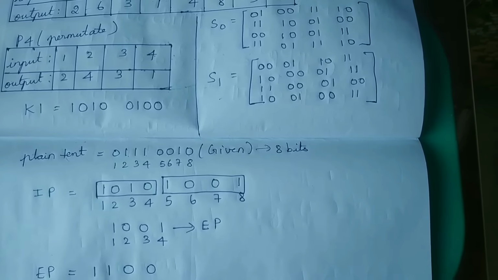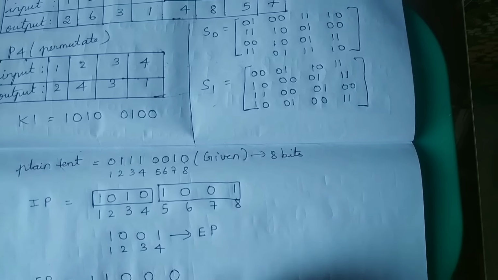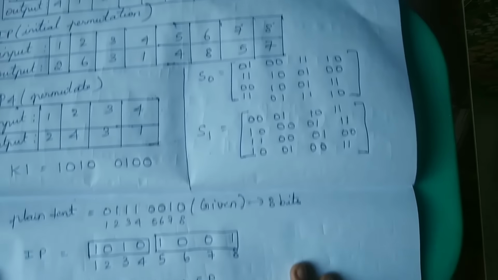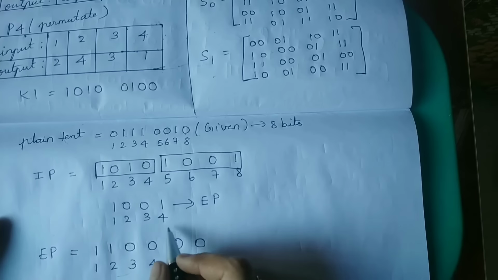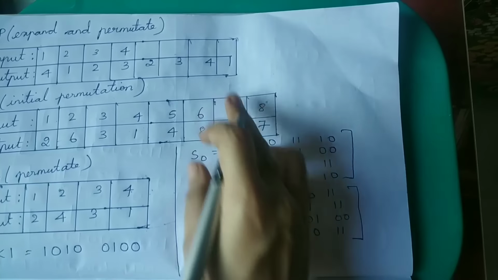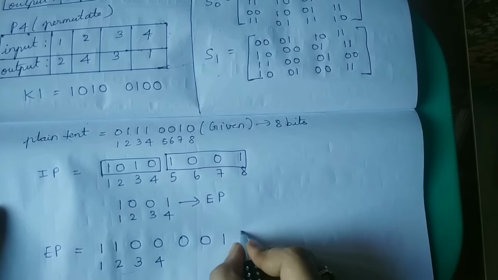Next it is 2. 2 means 0. Next it is 3. The third bit is 0, so I should write 0 over here. Next it is 4. The fourth bit is 1, so I should write 1. Next it is 1. The first bit is 1, so I should write 1.